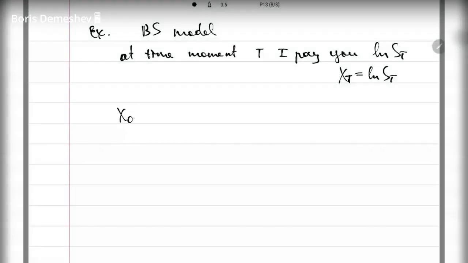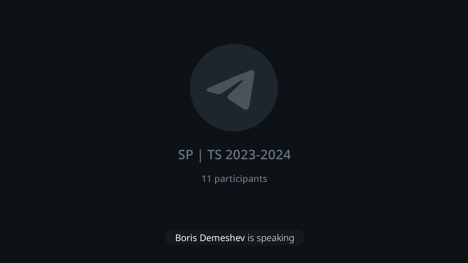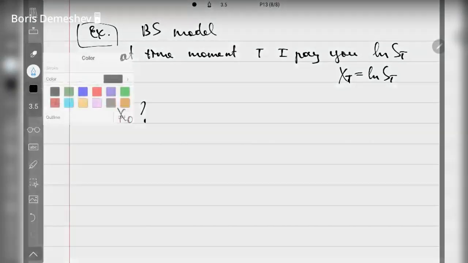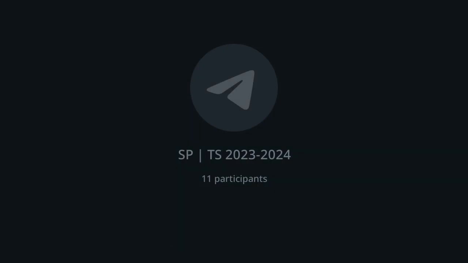Okay, what is the price of this asset? I hope you understand the way; we have discussed 2 ways. Piotr has shown you the way through partial differential equations, and I have shown you the way through just expected values.